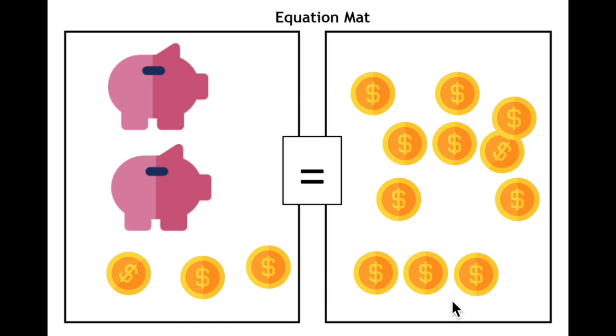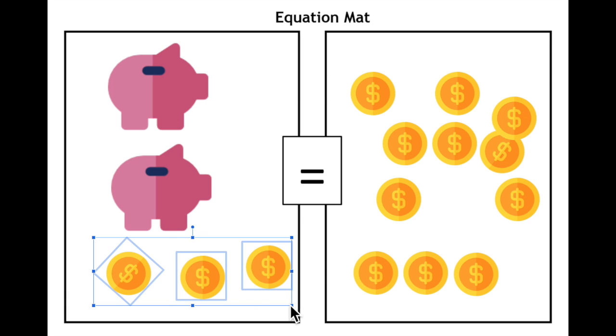And right now they are the same. Whatever's in this piggy plus whatever's in this piggy plus these here is the same as all of these together. Okay? So to make sure I keep the balance, I'm going to get rid of these coins here. There's 3 of them. So I'm going to take those away.